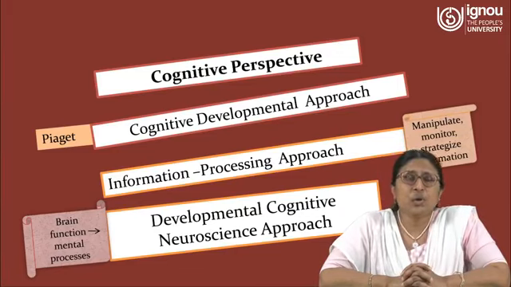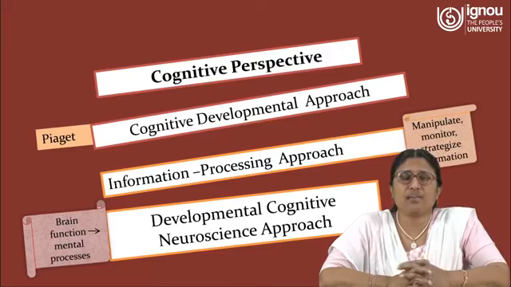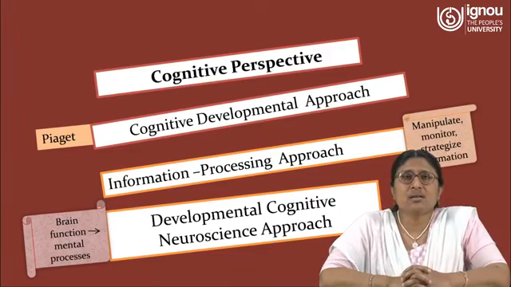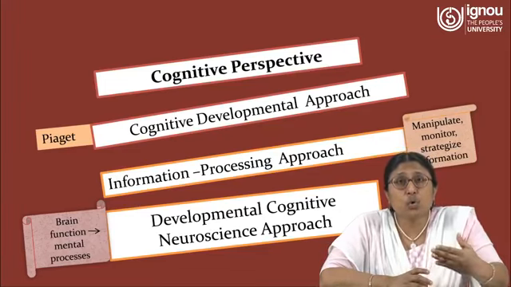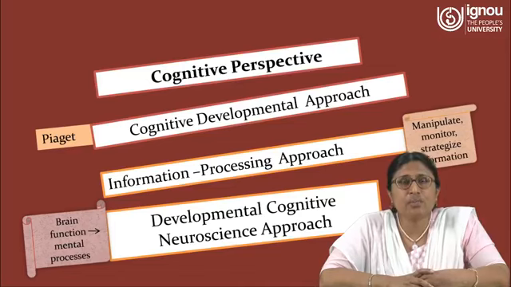Here you know the importance of Piaget, and here comes the relevance of the cognitive developmental approach. What does this approach state about child development? This approach states that the child develops through 4 stages of development, which go through 2 processes, that is assimilation and accommodation.